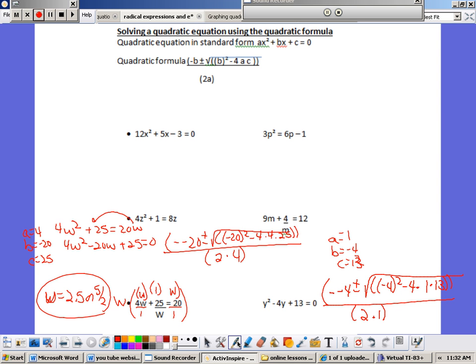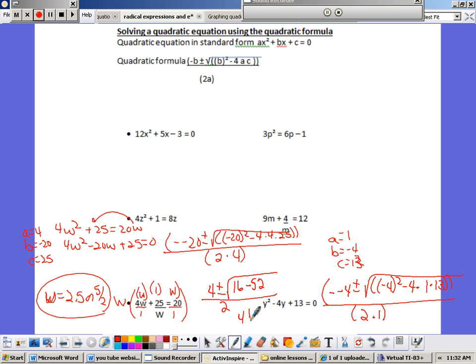By hand means -4 is +4, plus or minus the square root of -4 squared, 16, minus 4 times 1 times 13 is -52, all over 2.